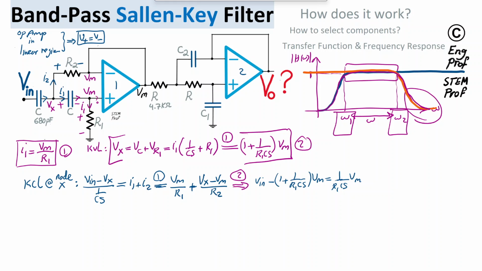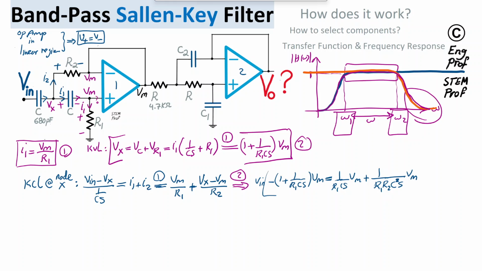And then for this one, the interesting thing is we have Vx minus Vm, but Vx is 1 plus 1 over R1 Cs times Vm. So when we compute the delta, what comes out is simply 1 over R1 Cs, and then we divide by R2 and then divide by Cs. So it becomes 1 over R1 R2 C squared s times Vm.